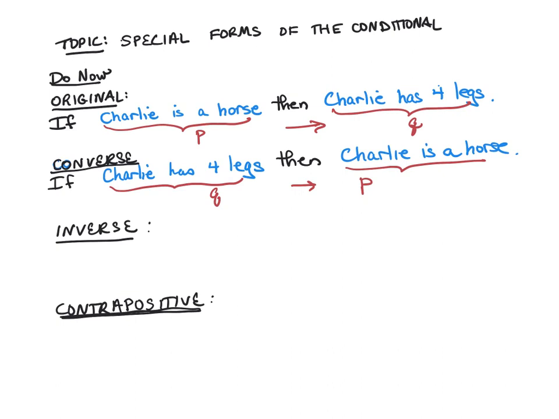So we have if Charlie is not a horse, and again I'm putting the word not because I have to negate. So if Charlie is not a horse, then Charlie does not have four legs.